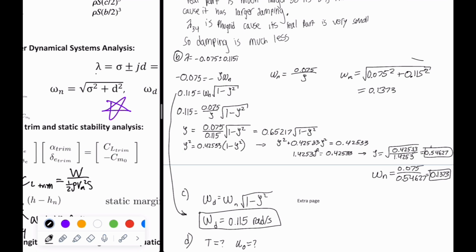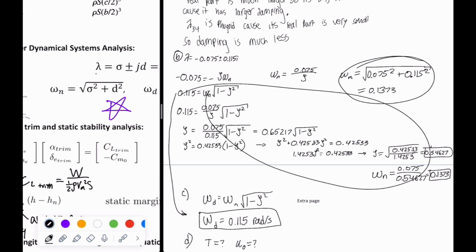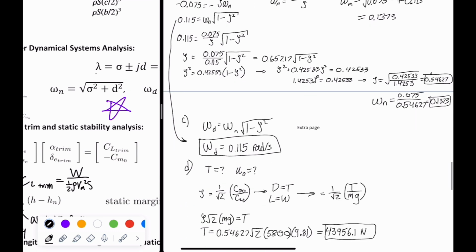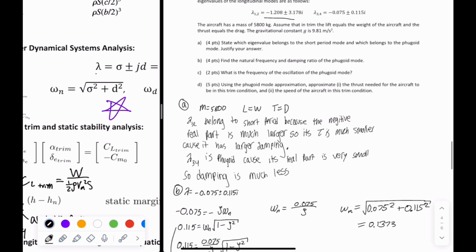So literally just do this on the exam to save yourself all this work. And then what you can do is plug that in here to solve for zeta. That works completely fine.